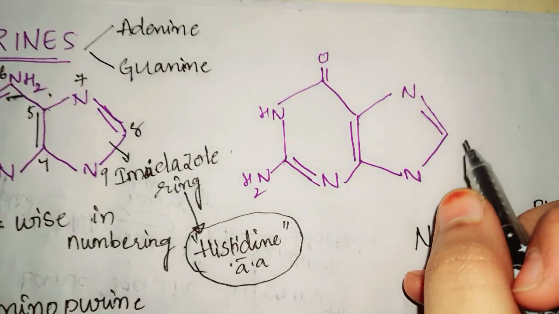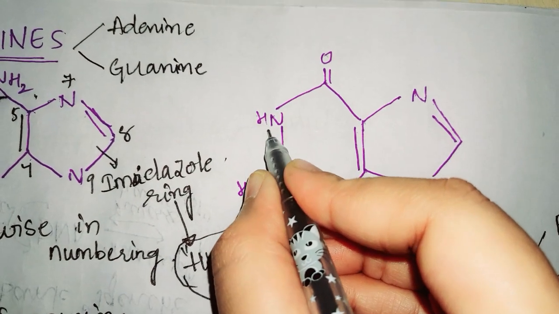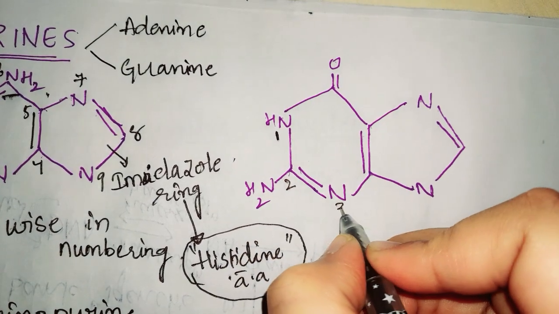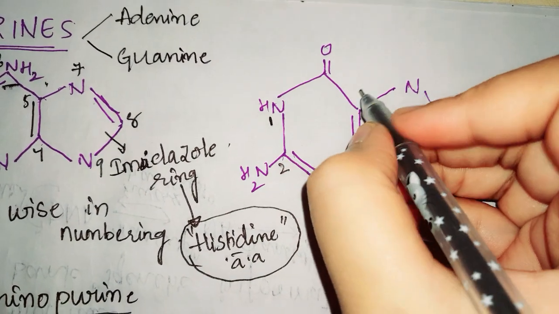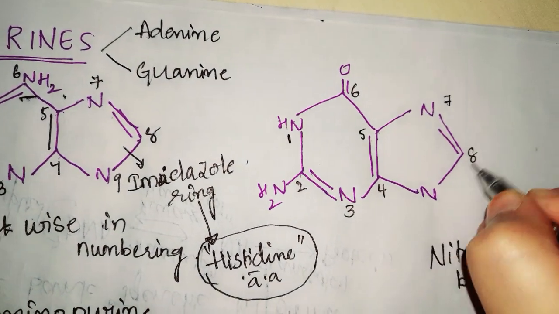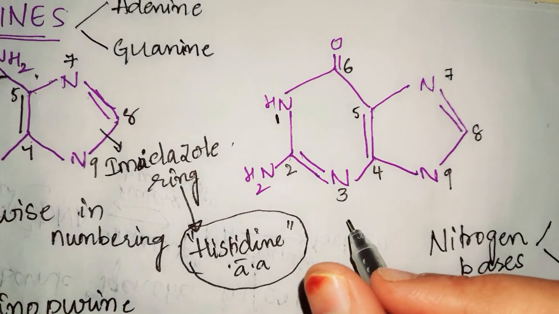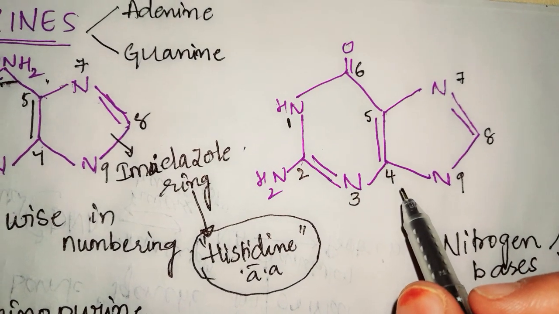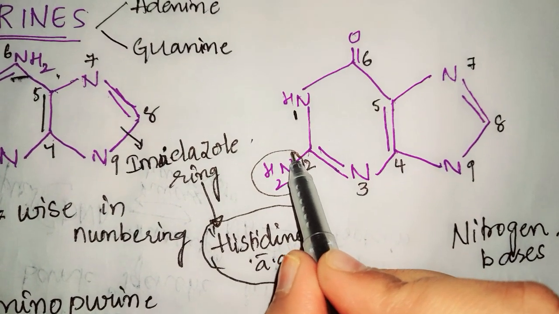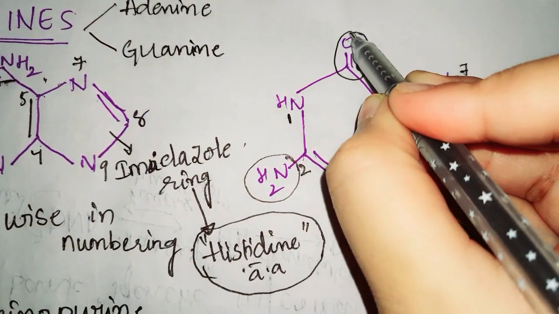Now let's give the name for this structure. Again we keep the numbering in anti-clockwise direction: 1, 2, 3, 4, 5, 6, 7, 8 and 9. So how are we going to give the name? First we see the functional groups wherever they are present. The first functional group is at the second position, that is amine, right? And another functional group is at the sixth position, that is oxy.